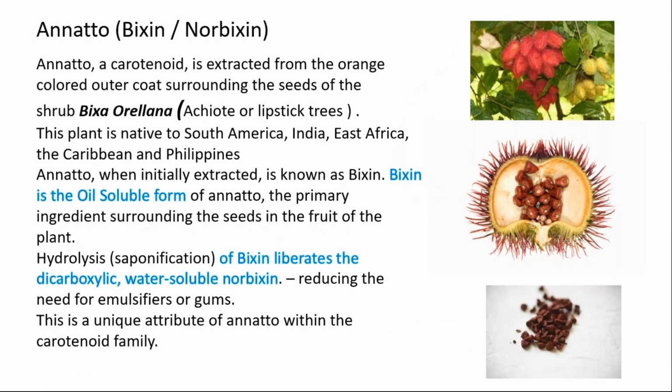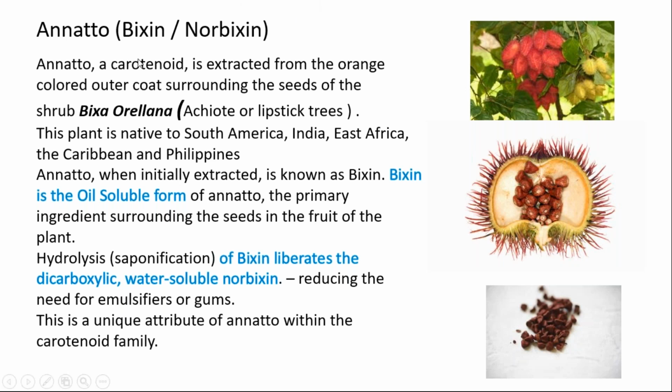Then we have a color which is annatto, and annatto is allowed in the food industry, especially to be added to butter and other foods to give them the yellow color. The two pigments from annatto that are permitted as natural coloring agents are bixin and norbixin.